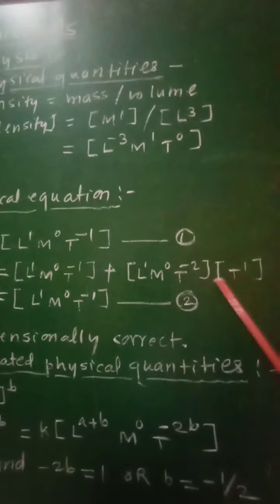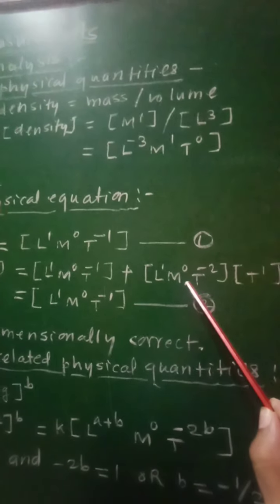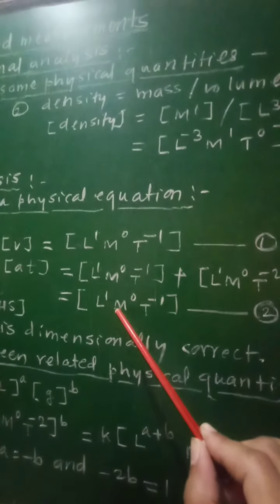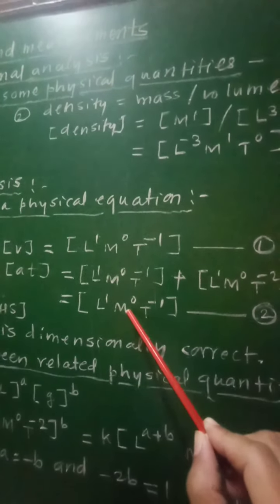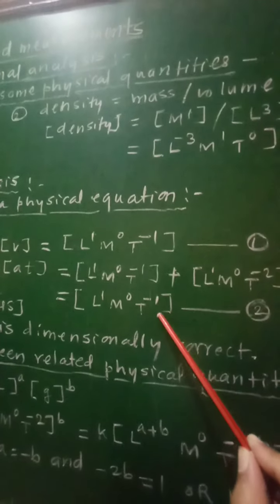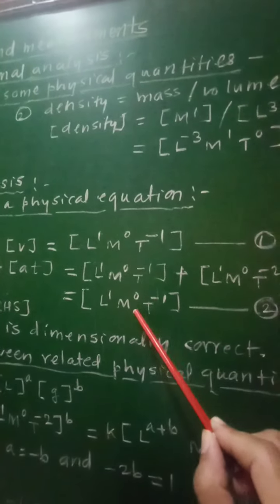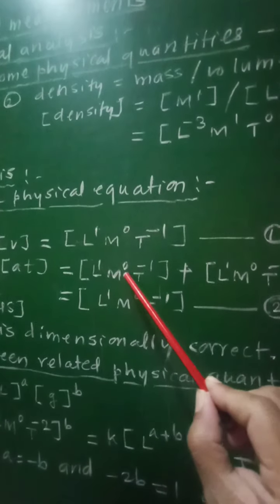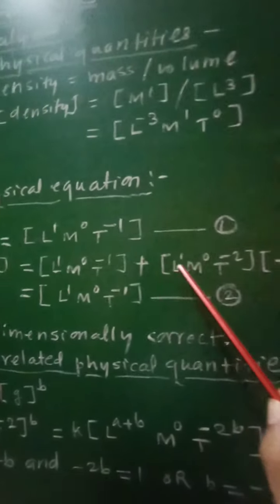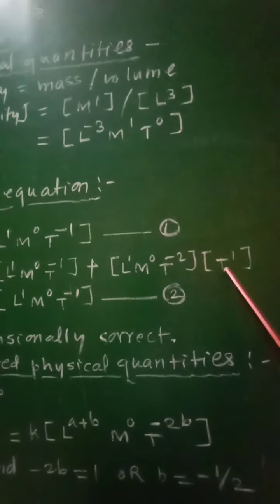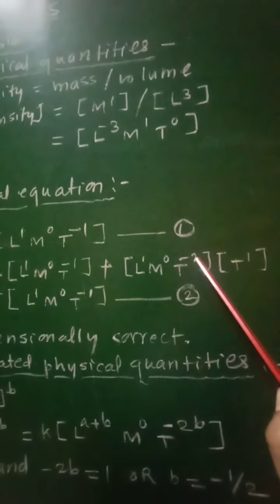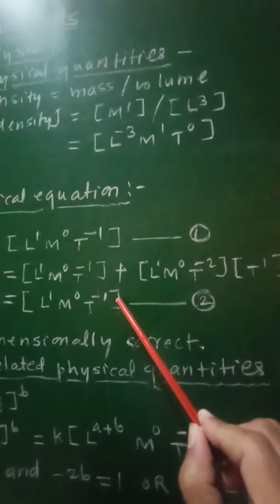Combining these, we get 1 in length, 0 in mass, and minus 2 plus 1 becomes minus 1, so it is minus 1 in time.